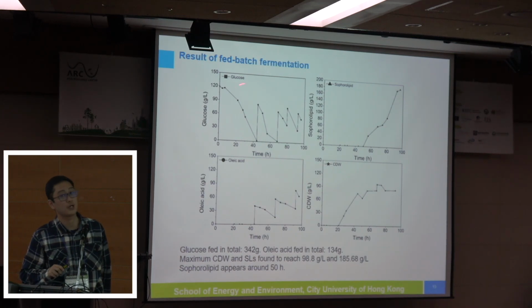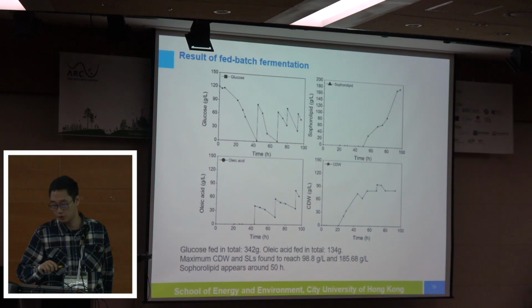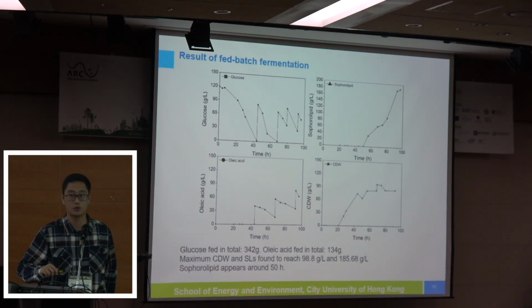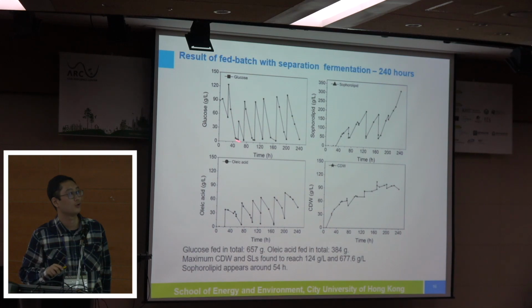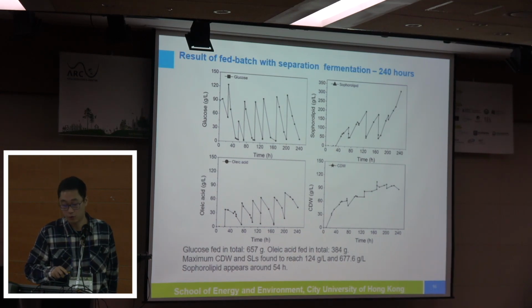After fed-batch fermentation, we go to the design I just mentioned, fed-batch fermentation equipped with in-situ separation. The strategy is basically the same. When the glucose is almost used up, we feed fresh glucose as well as oleic acid, and the CDW increases very high. The difference is that when the sophorolipid accumulates to a certain level, we perform a separation here.